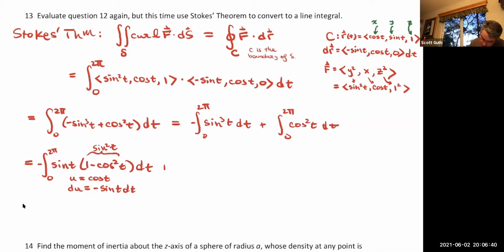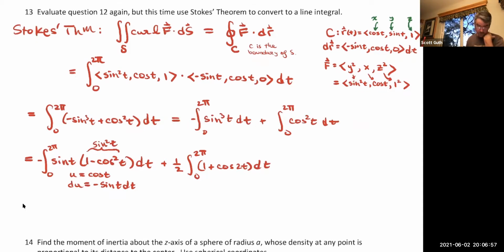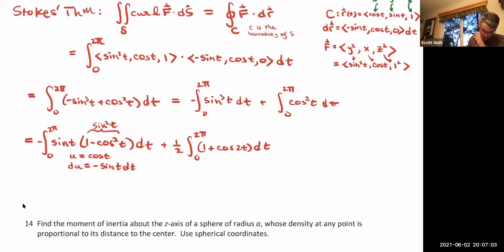Plus the next integral, we'll have a 1/2 integral from 0 to 2 pi with, again, power reduction. So this will be 1 plus cos 2t dt. Okay, so next you end up with an integral of just 1 minus u squared du.